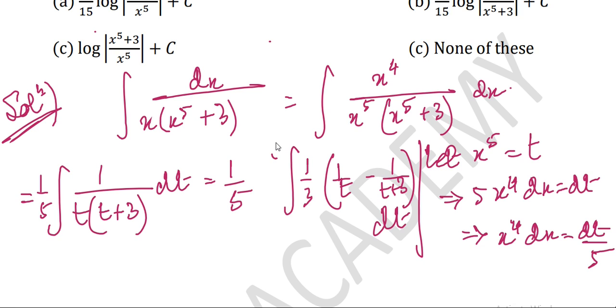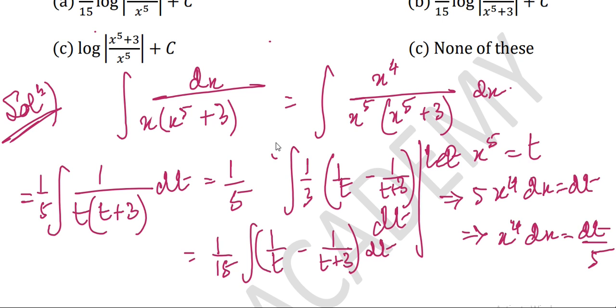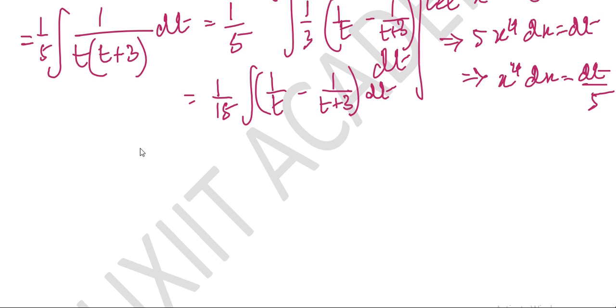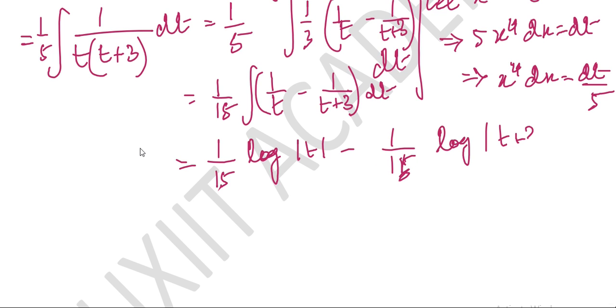There will be an extra 3 in the numerator, so that's why I have taken an extra 1 by 3. So we have 1 by 15. Now this is the integration of 1 by t minus 1 by t plus 3 dt. So this is 1 by 15 times log of mod of t minus 1 by 15 log of mod of t plus 3 plus c.